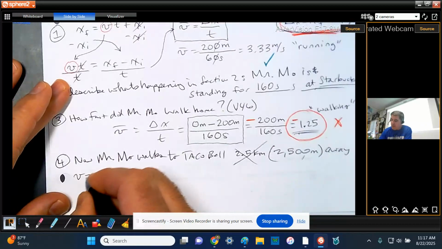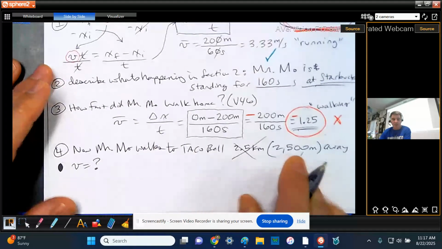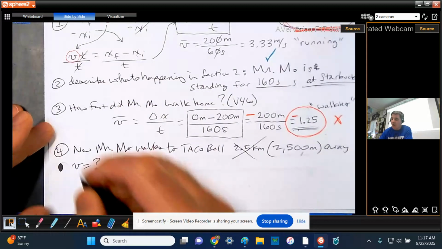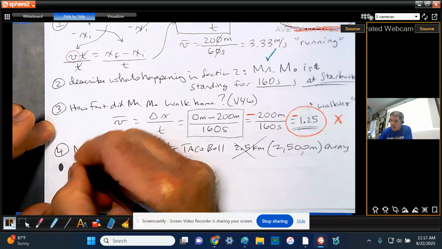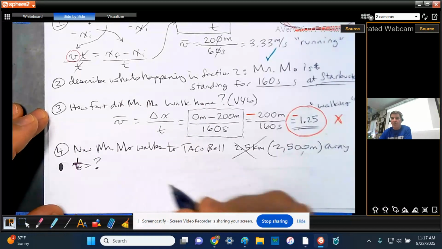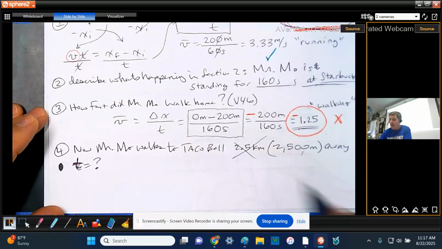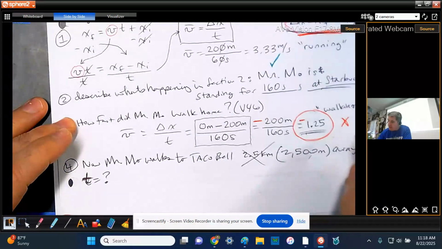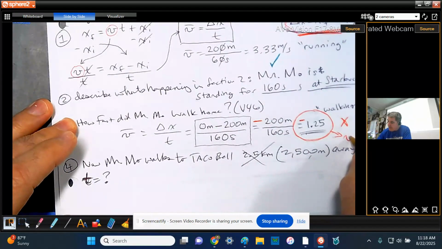His velocity equals question mark. So what we do here, oh, right. No, sorry. That's not true at all. His time equals question mark. I want to know how long it takes me to walk, right? I already have my velocity. This is my velocity for walking.